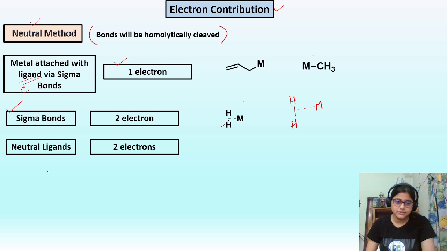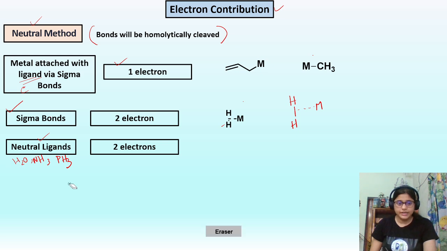Okay, neutral ligands. Neutral ligands means it can be H2, it can be NH3, it can be PH3. Any ligand which doesn't have charge, only a lone pair is present.